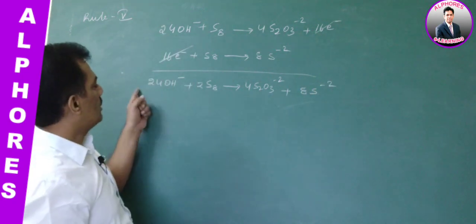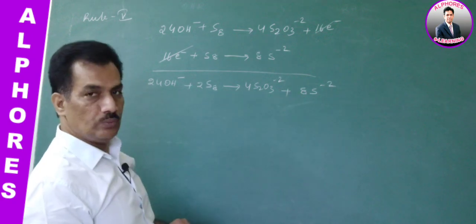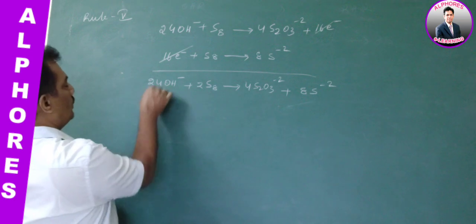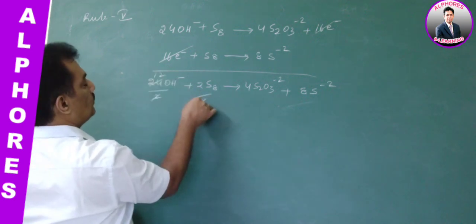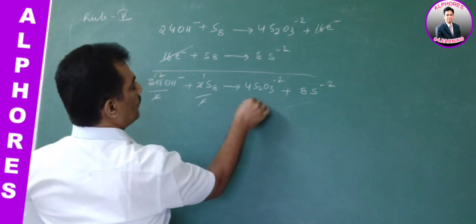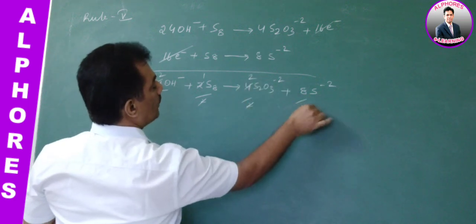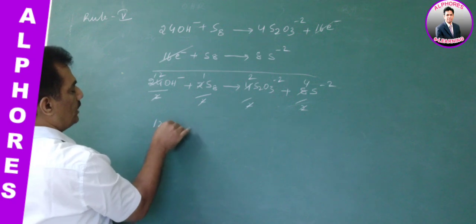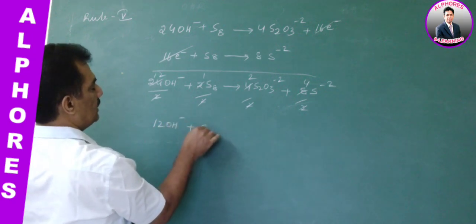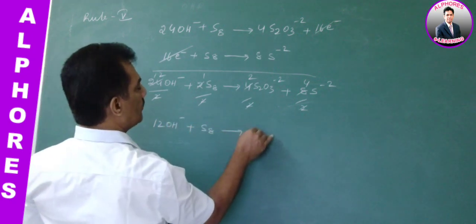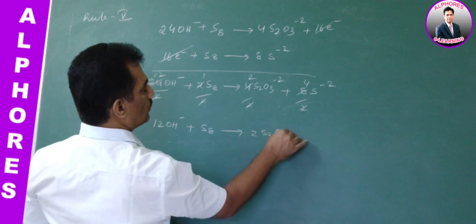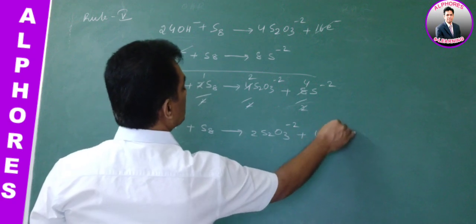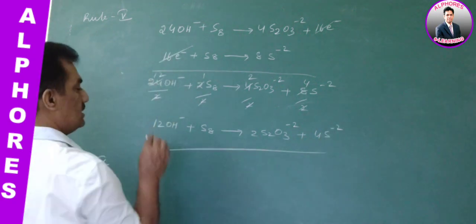Now if you observe, all of these are divisible by 2, so let us divide by 2: 12, 1, 2, 4. So the net result is 12OH minus plus S8 giving 2S2O3 minus 2 plus 4S minus 2. This is the balanced equation.